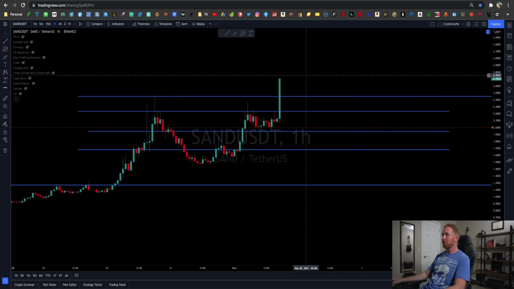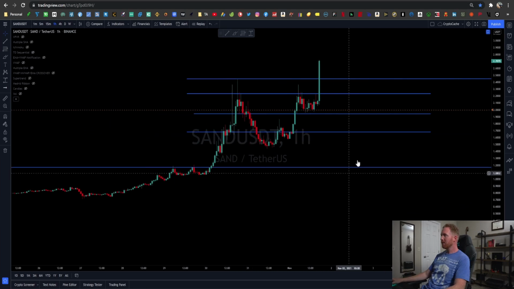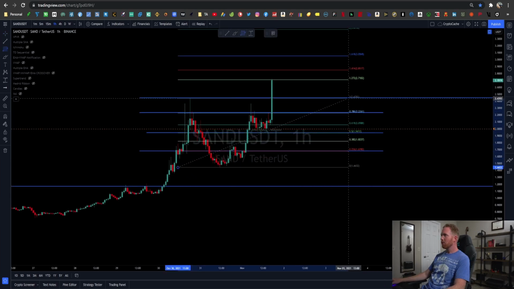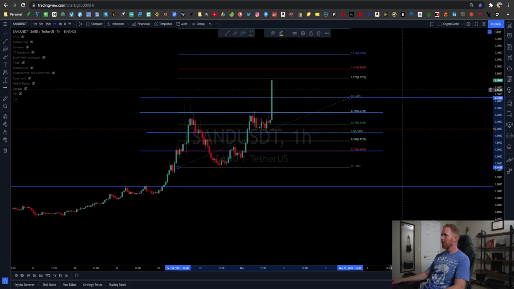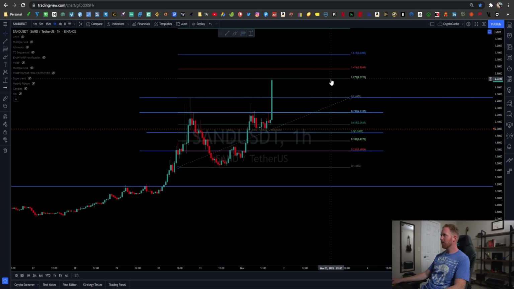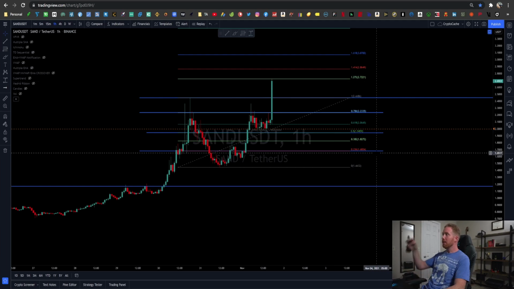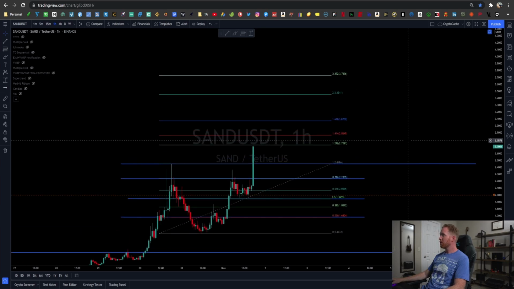In fact, why don't we go ahead and pull up the Fibonacci here and see what that might look like. Because ultimately, we're going to see a pretty big continuation here. What it's doing is testing the resistance right now of 2.72. That is essentially the next line of Fibonacci, 1.272. If we look at the big picture here, there's a possibility we're going to see 3.72 at the end of this run.